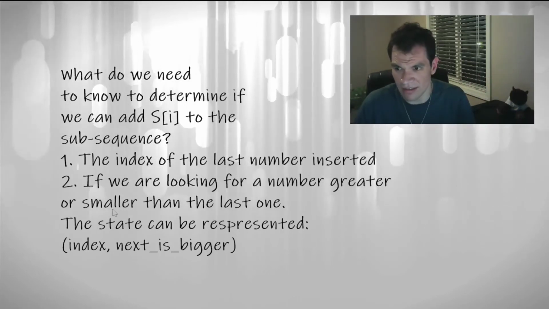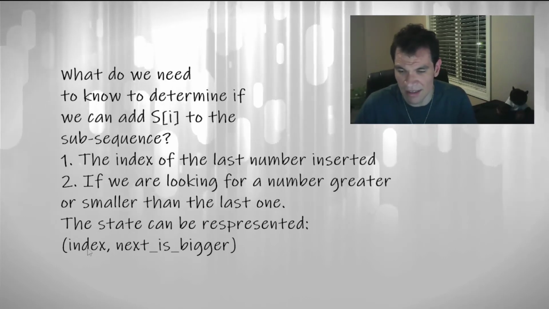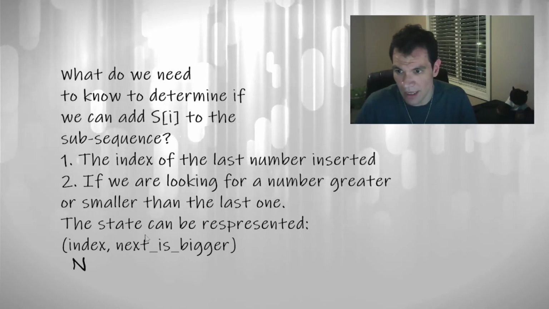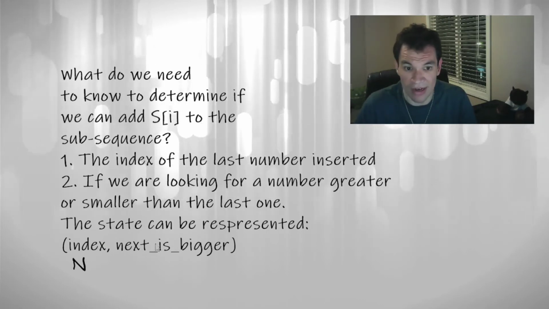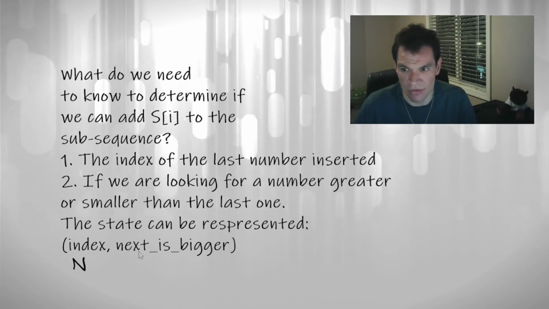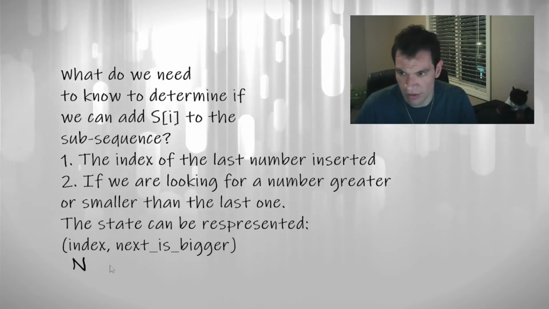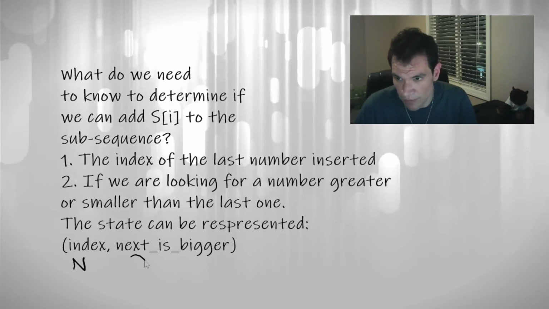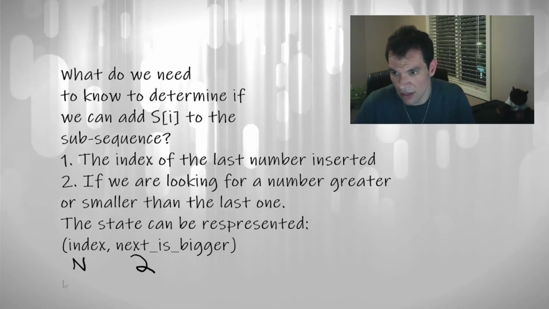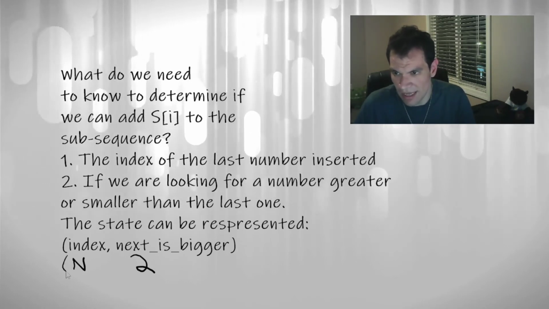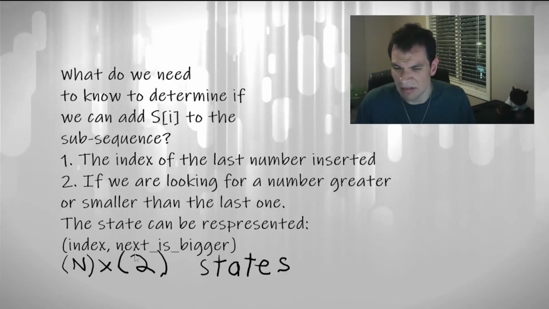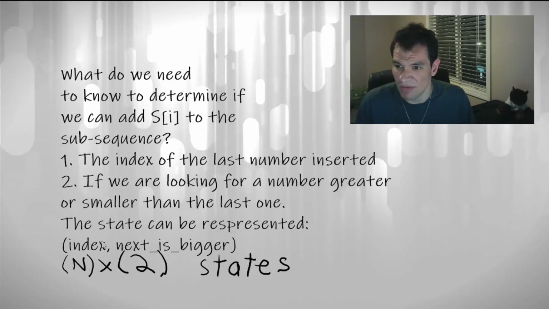Also notice that this index can have n possible values, and this variable next is bigger can have two different values, true or false. So the amount of possible states would be only n times 2. This is completely feasible.